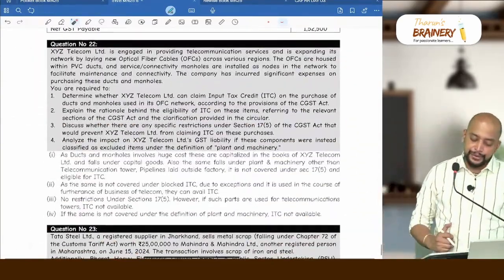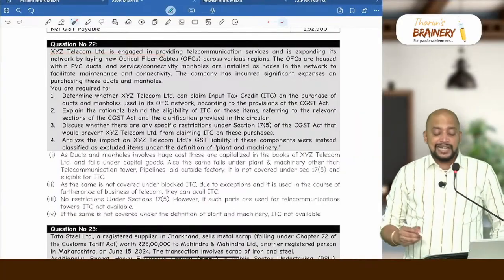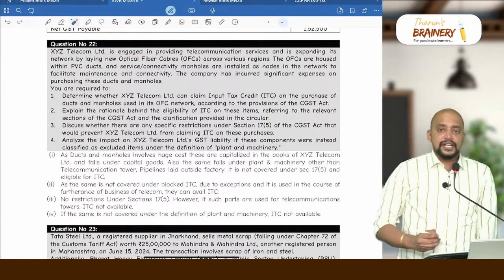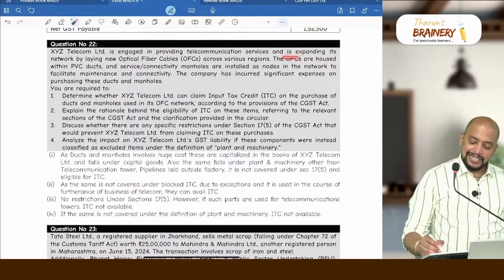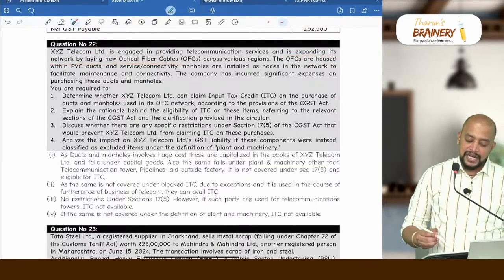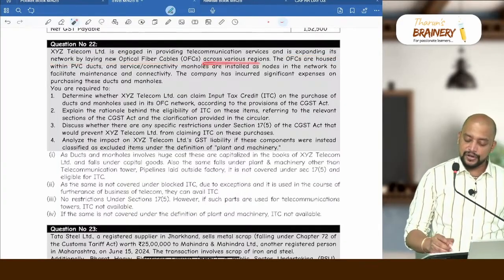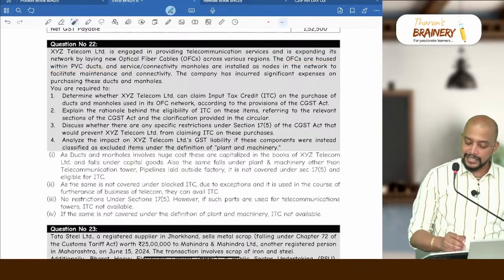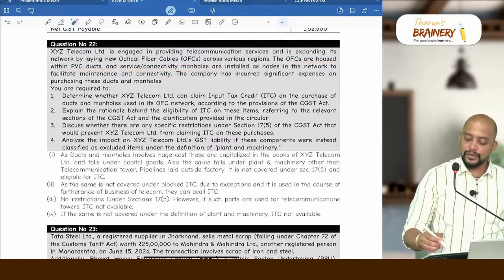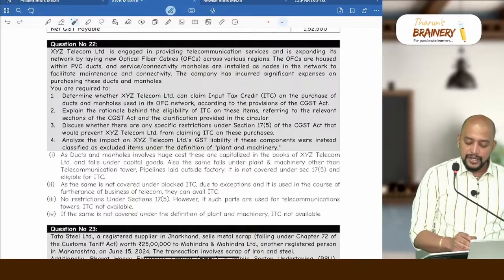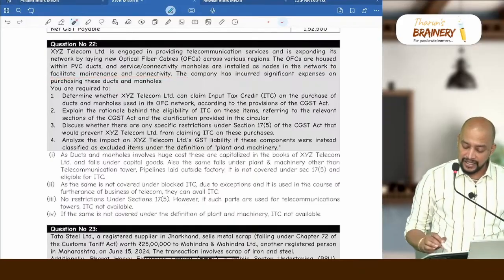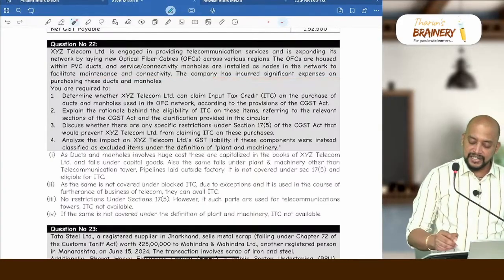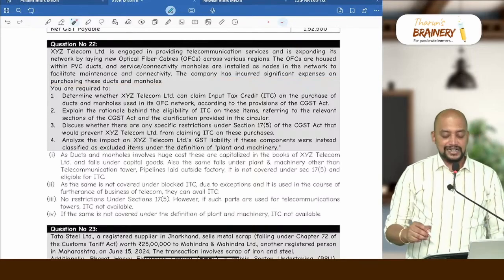Then you can see this example related to that. Question number 22: XYZ Telecom Limited is engaged in providing telecommunication towers and is expanding its network by laying new optical fiber cables across various regions. The OFCs are housed within PVC ducts and service or connectivity manholes are installed as nodes in the network to facilitate maintenance and connectivity. The company has incurred significant expenses on purchasing these ducts and manholes.